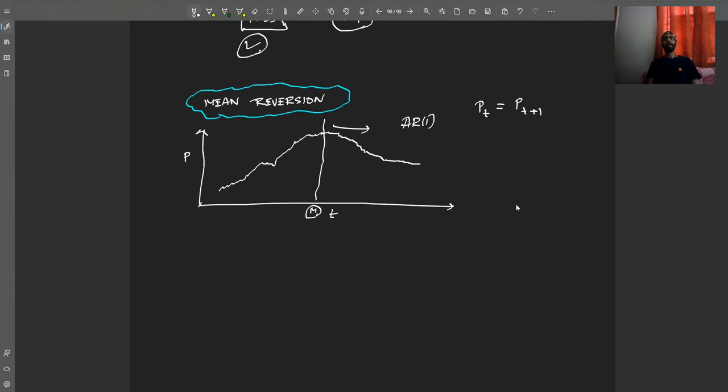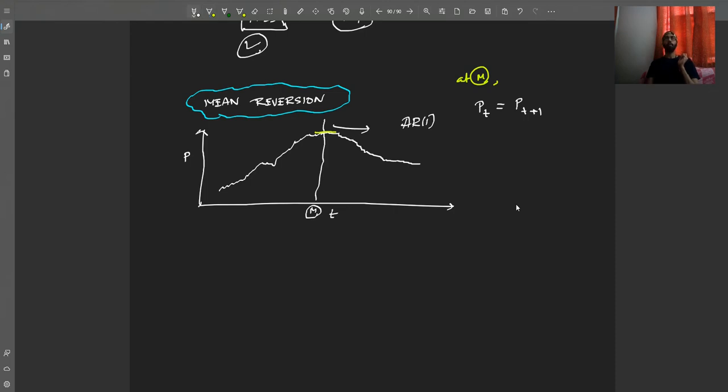First the values become equal, right? Because there is a flattening of the value here. So if the flattening is happening at this point, Pt is equal to Pt minus 1 at point M, right?